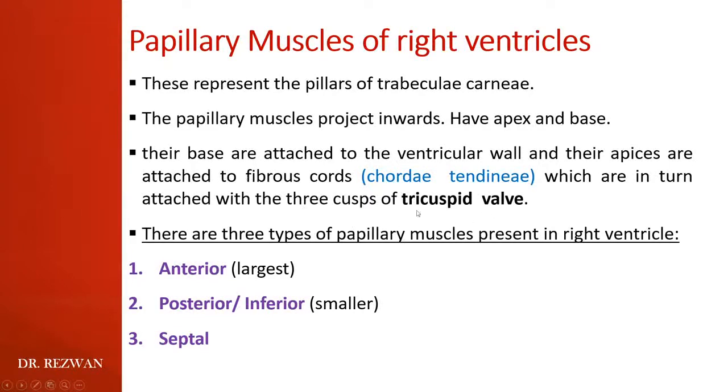As these papillary muscles are from the right ventricle, obviously the right ventricle is having the tricuspid valve, so the chorda tendineae will be attached with the cusps of the tricuspid valve over there. In case of the right ventricle, the papillary muscles are three in number: anterior, which is the largest one; posterior or the inferior, the smaller one; and the septal.